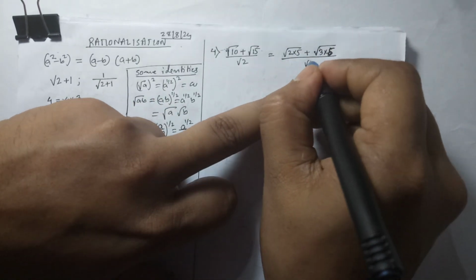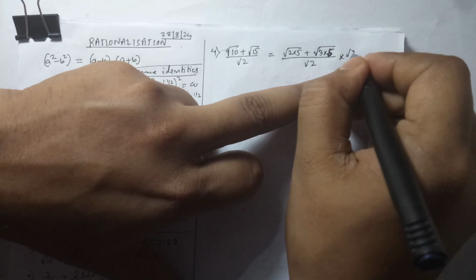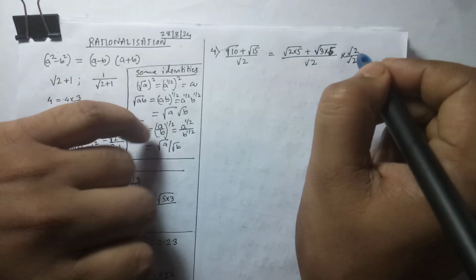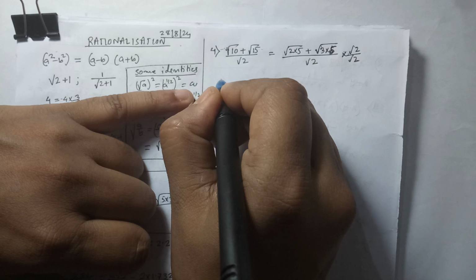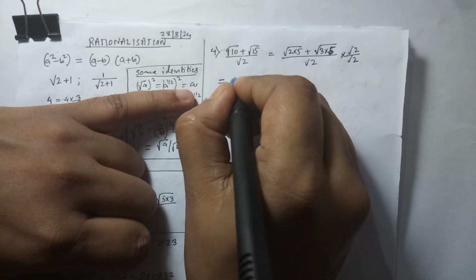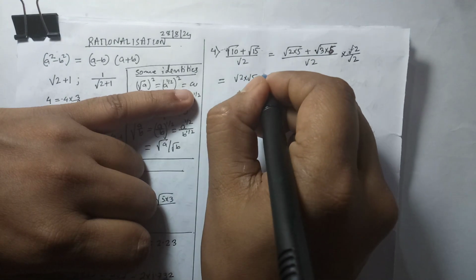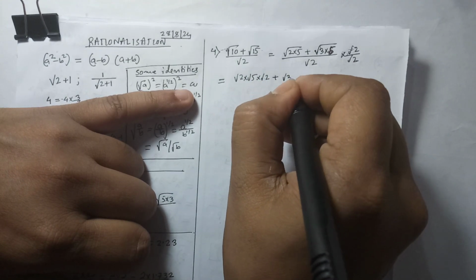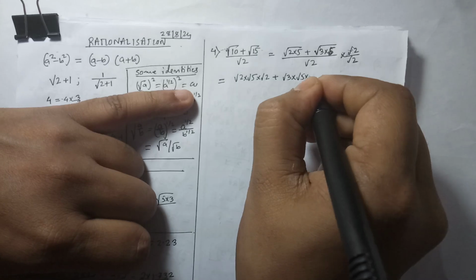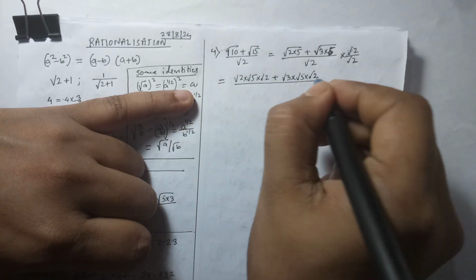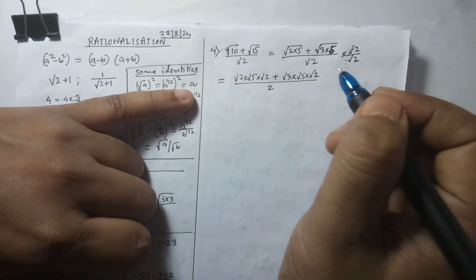Divide by root 2 is here, so I multiply by root 2 by root 2. This gives us root 2 into root 5 into root 2 plus root 3 into root 5 into root 2. Root 2 into root 2 is 2.